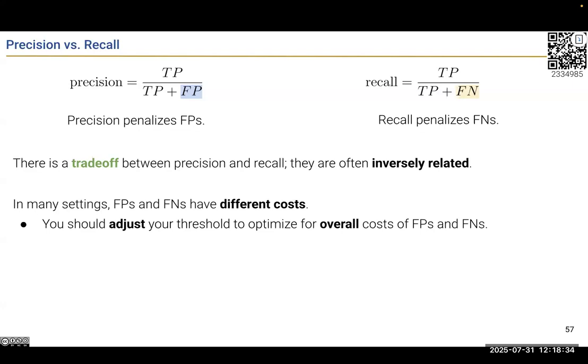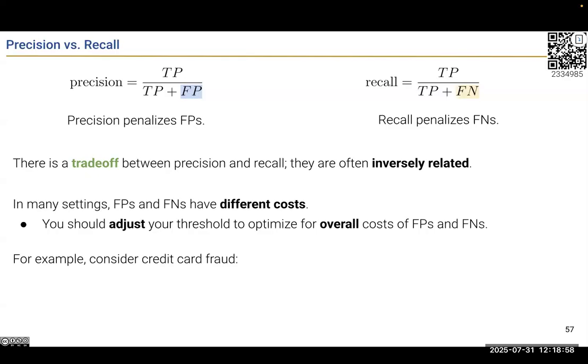So what is an example where these two types of errors could have different costs? For example, we're building a classifier that detects credit card fraud. In this case, what is a false positive?